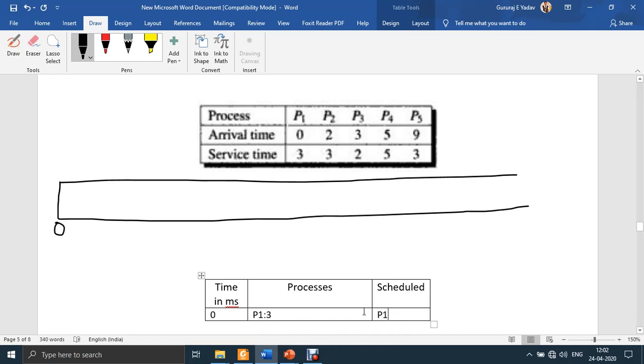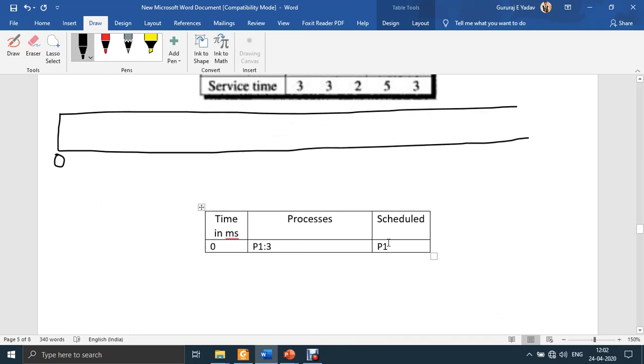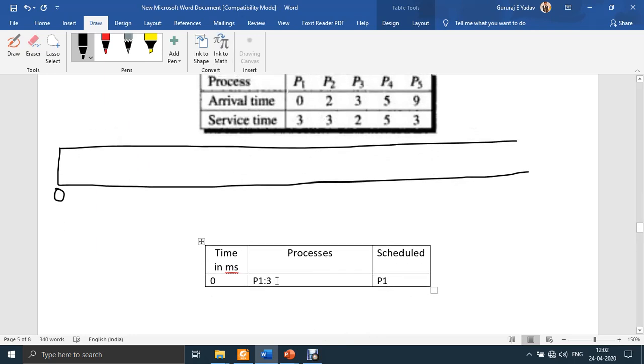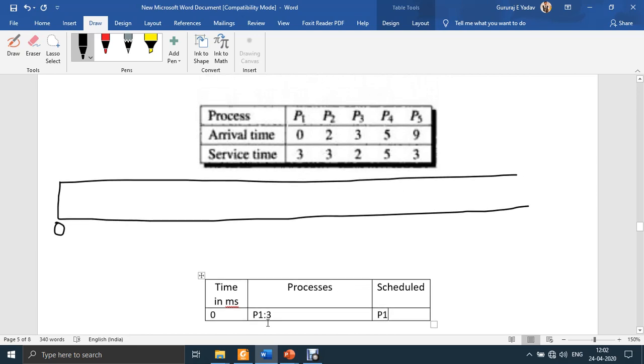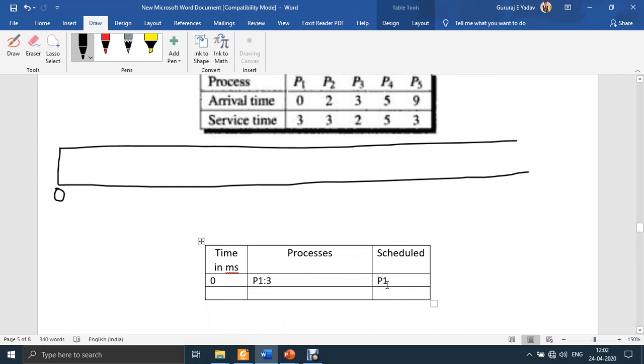So P1 will be given the chance to execute. Since there is only one process, there is no option. You have to give the chance to P1 only. So I'll write down here which process you give the chance: P1.